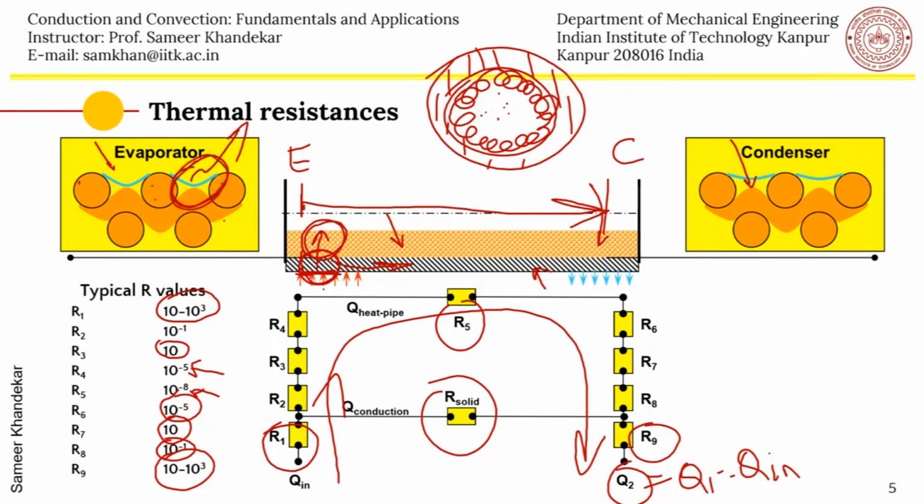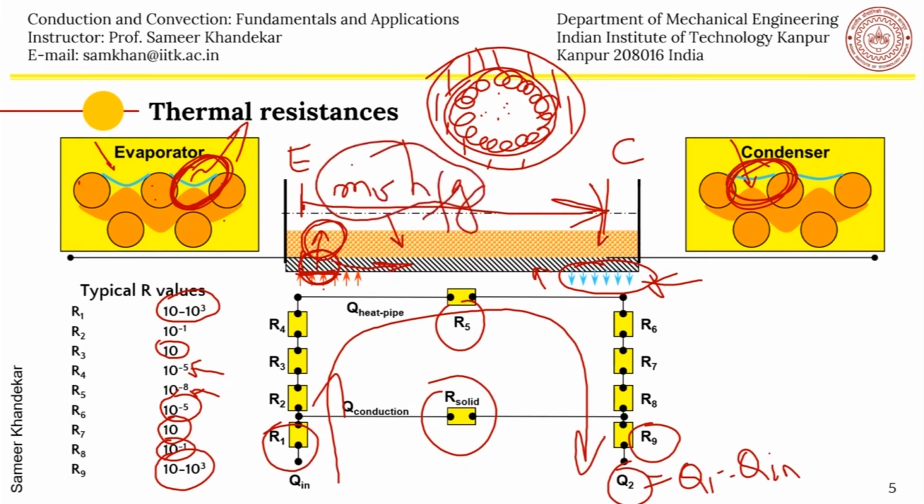So essentially m dot vapor multiplied by hfg is more or less the heat which is getting convected or taken from the evaporator to the condenser. So please note the order of magnitudes of the different resistances.